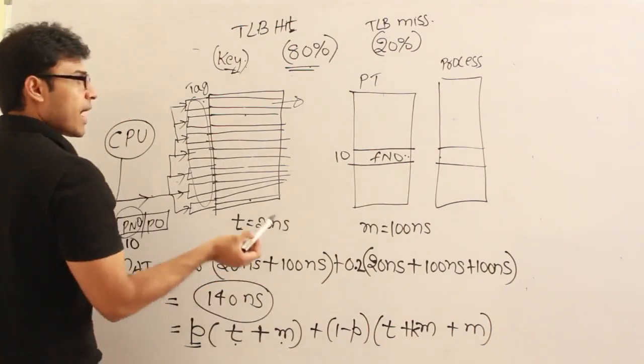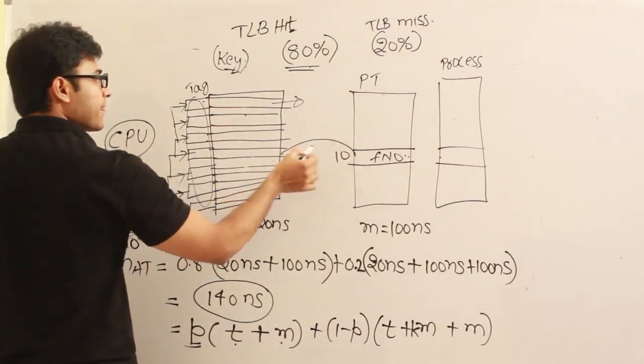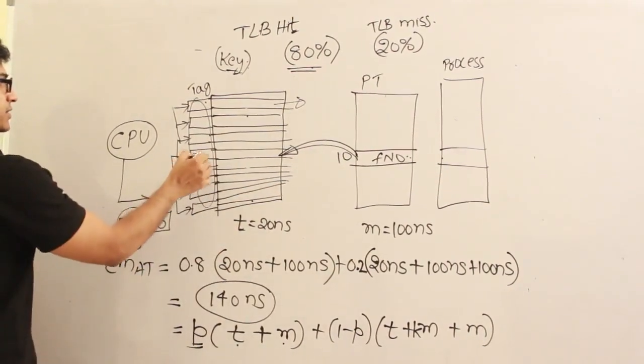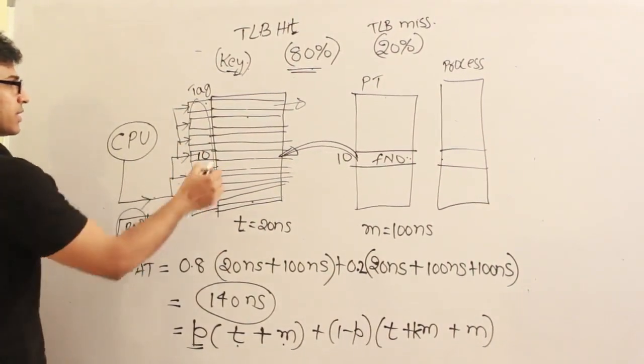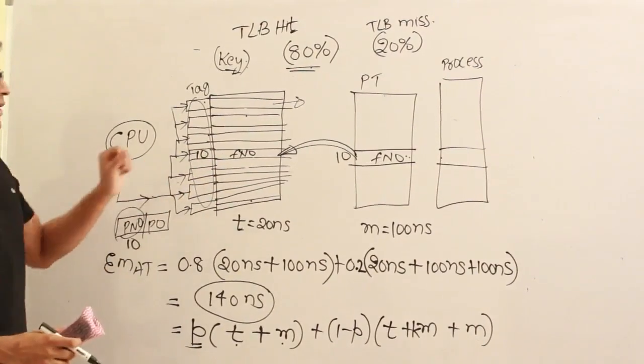That is all over. And it will also update this: in one of the entries it will say that page number 10 is now present and its frame number is so and so. Therefore from next time it will be a hit, right?